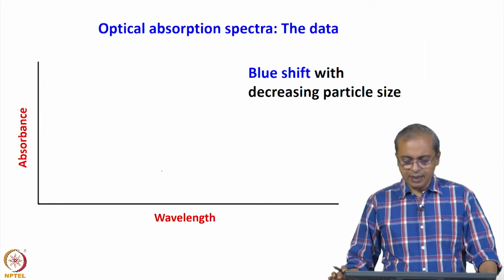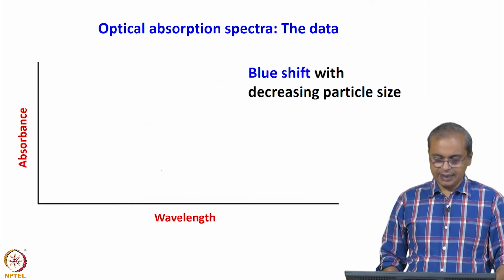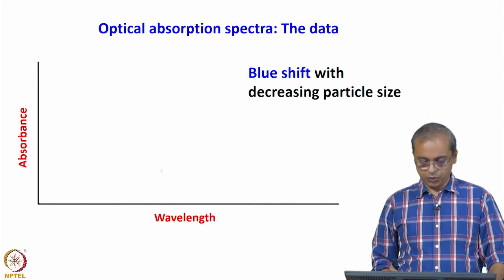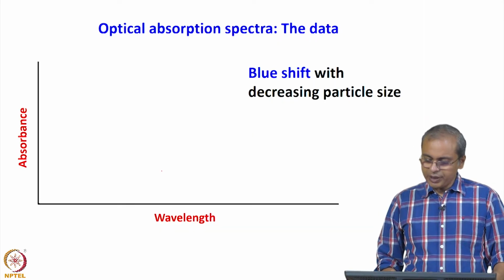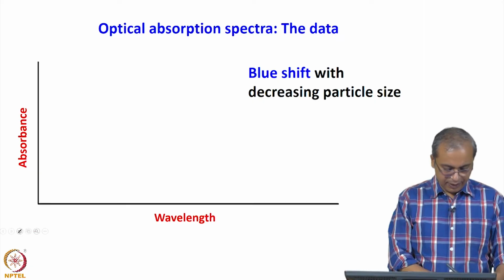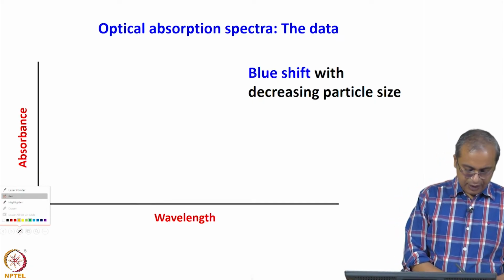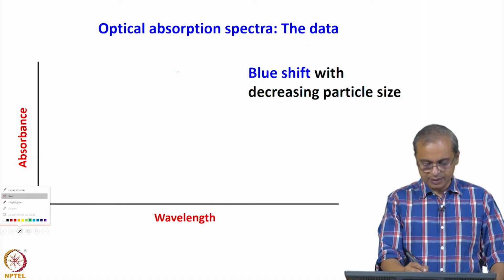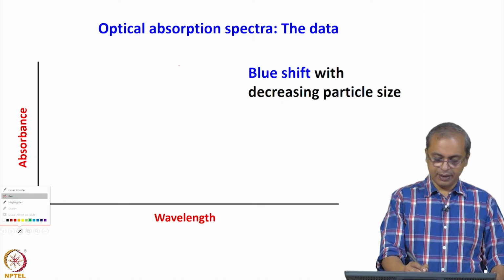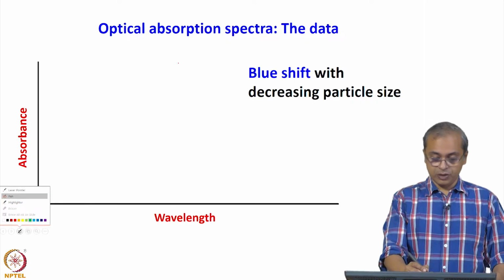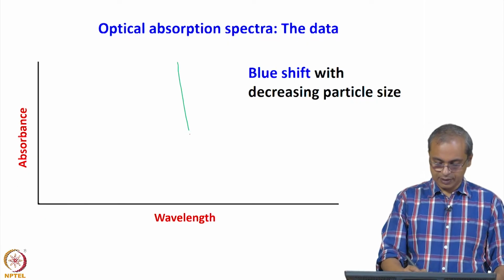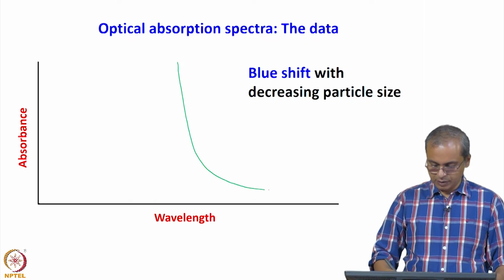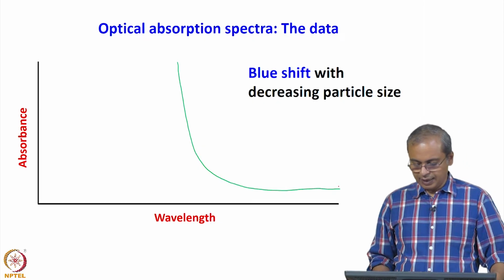Okay, so optical absorption spectra is the other data that we use quite a bit, and as I pointed out, generally what is observed is that when you look at this data for the bulk particle, you will see some data that looks like that. Okay, so nothing is getting absorbed.